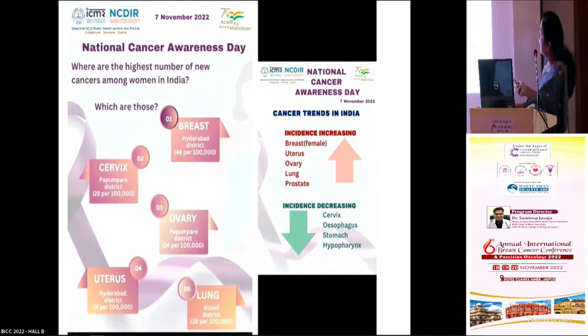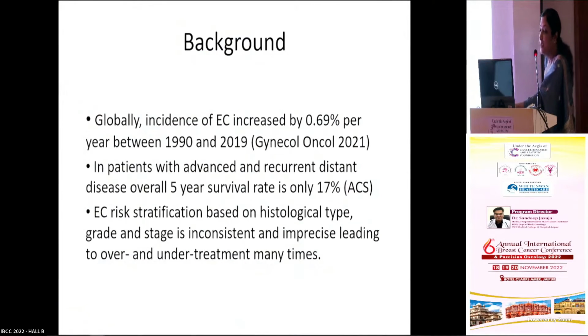If you look at the cancer trends in India, incidence of these cancers are on a rise: breast, uterus, ovary, lung, and prostate. Cervix, esophagus, stomach, and hypopharynx are decreasing. So uterine cancer is again increasing. Just to give a background, globally, the incidence of endometrial cancer has increased by 0.69% per year between 1990 and 2019.